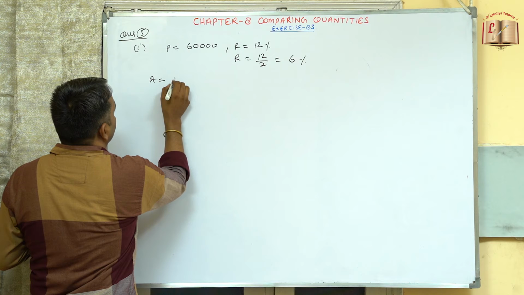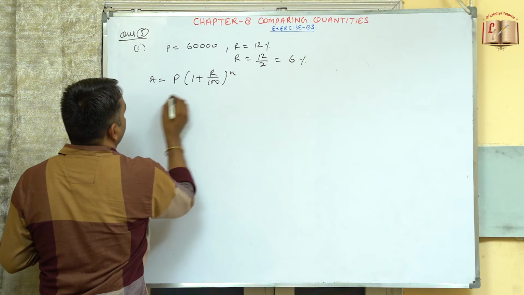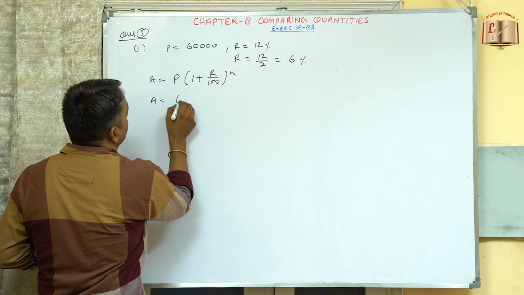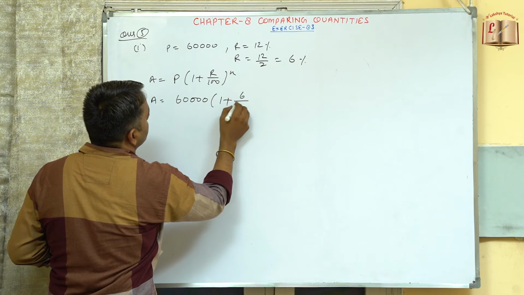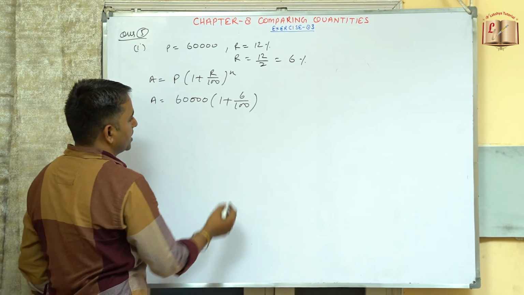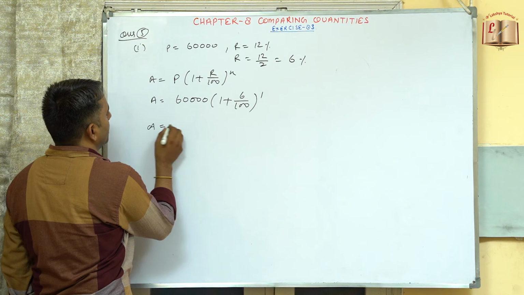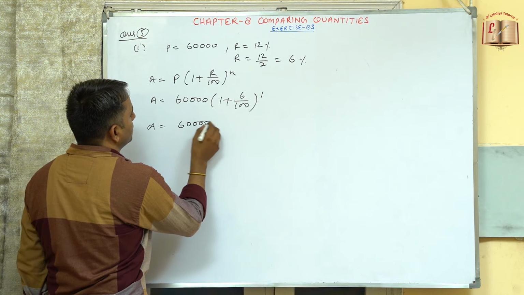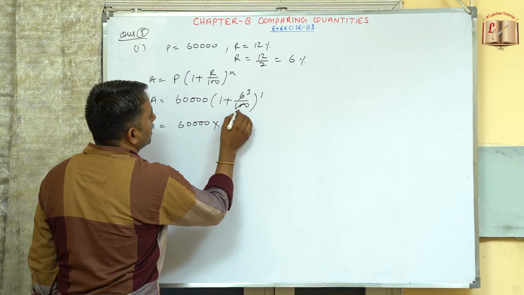So A will be equal to P times (1 plus R by 100) to the power n. So A will be 60,000 (1 plus 6 by 100) to the power n. So after 6 months, n is 1 only. So here A will be equal to 60,000 into this, we can solve, 2 3s then 250.